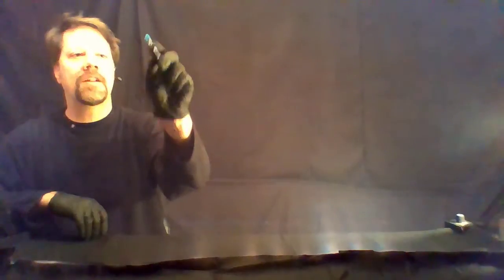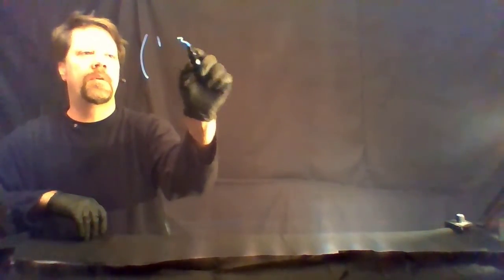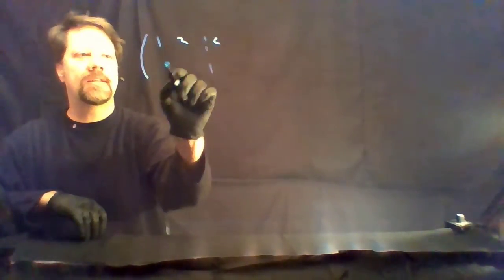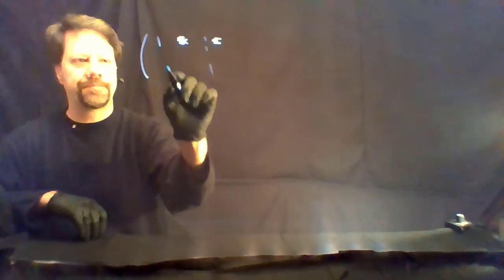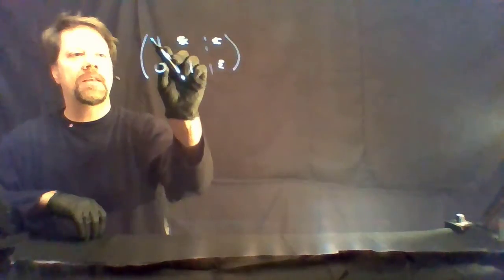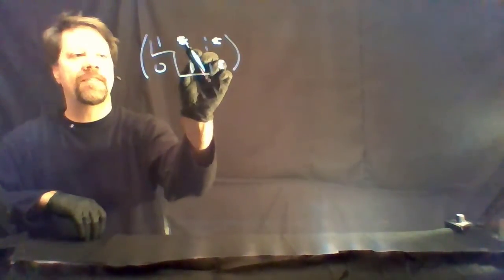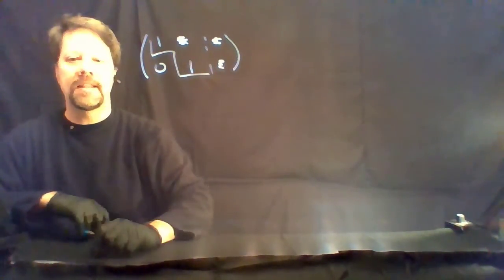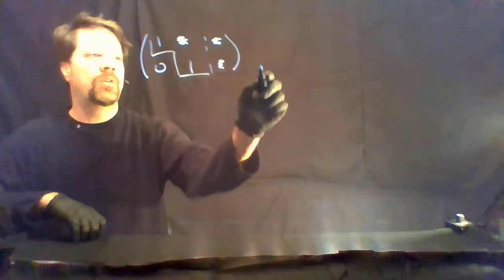One might alternatively form something that looks kind of like this. I'm just putting blobs here because I'm not concerned about what those numbers are. If you put the system into this form, where you have some other numbers than 0 in these spots, this is called row echelon form.